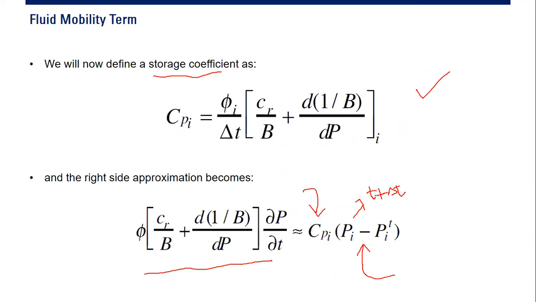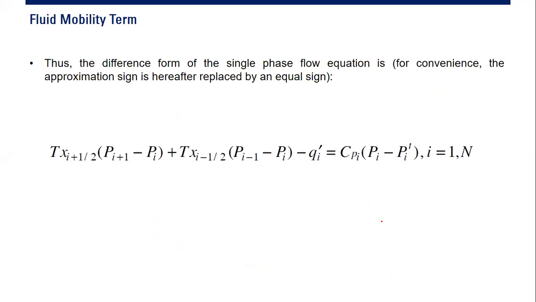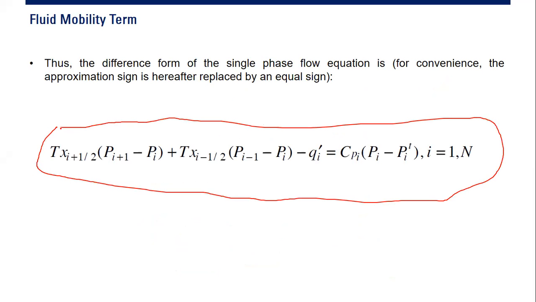Just to simplify, the right-hand side approximation becomes CPI multiplied by the pressure difference, Pi at t plus delta t minus Pi at t. Thus, the difference form of the single phase flow equation, for convenience, the approximation sign is hereafter replaced by equal sign. We can express it now like this.